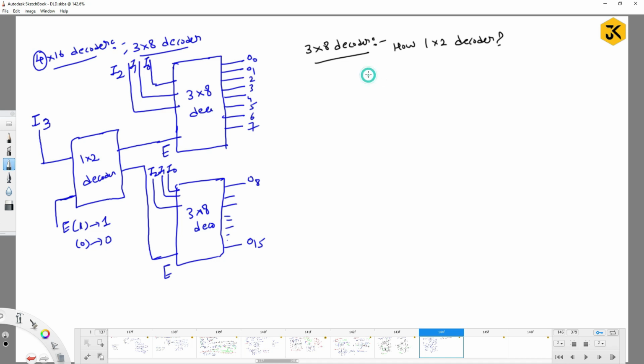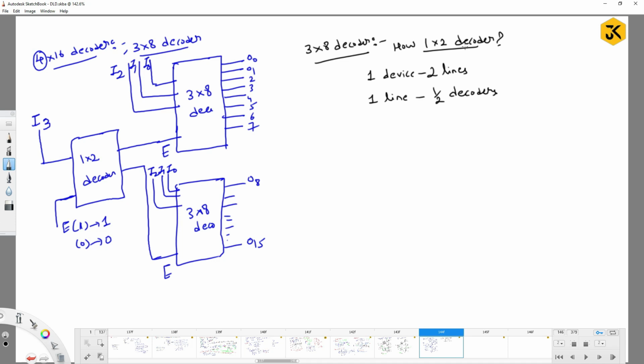here one device contains 2 output lines, am I right? Meaning that one line needs to define how many devices are required. Half-size decoders, 1 by 2, are required.